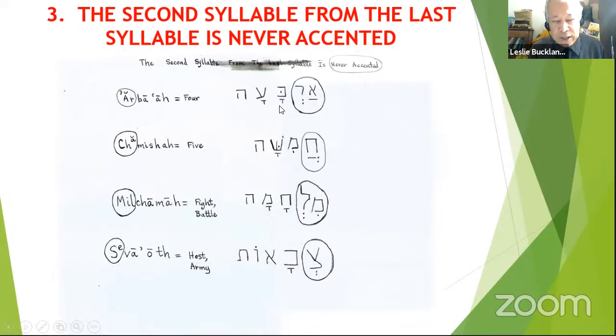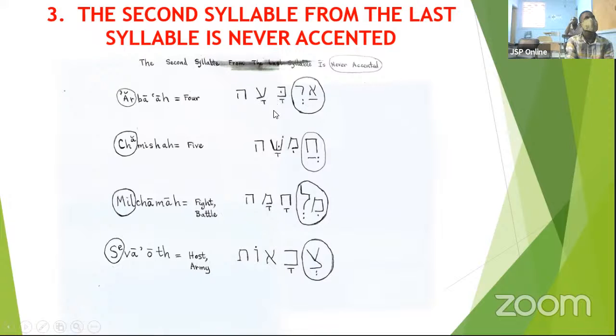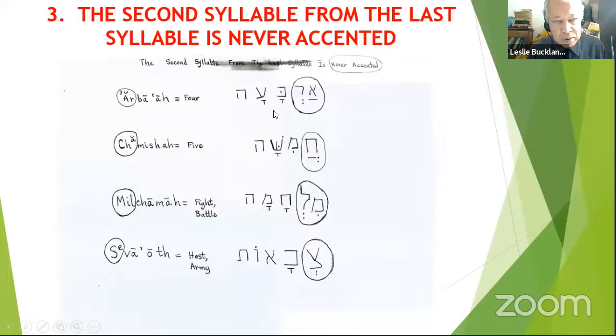Now let us find the last syllable. That's the first thing we need to do after we know how many syllables are here. 1, 2, 3, 3 syllables. The last syllable is this: ayin, kamets, he, ah. That's the last syllable.